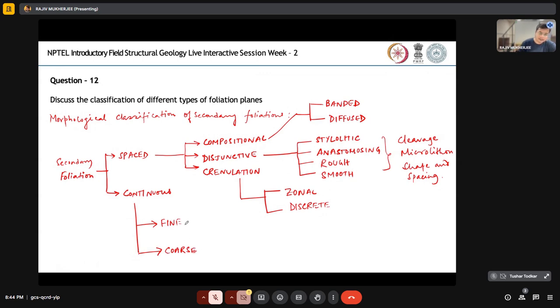So the fine continuous cleavages, they can also be classified into three categories. One is microcrenulation. One is microdisjunctive.